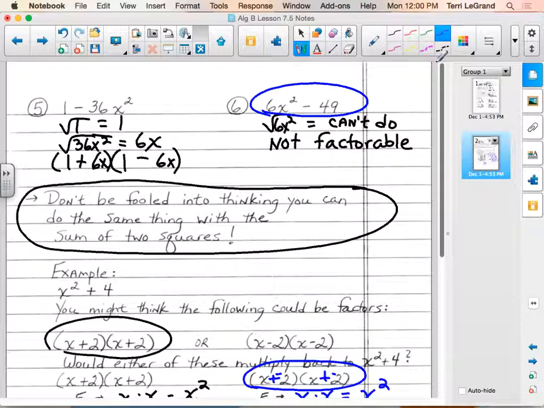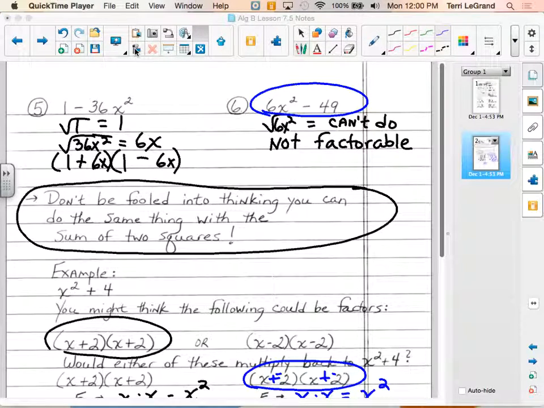Okay, then let's get started. Just wondering, if we put not factorable, do we have to tell why? We have to do like we did in the notes just now, where we showed the square root of 6x squared, and then we said, can't do it.